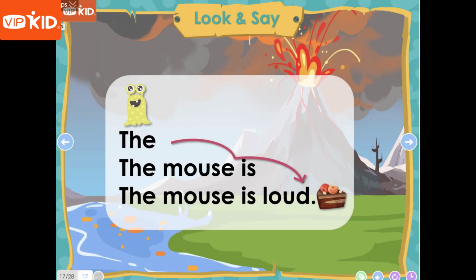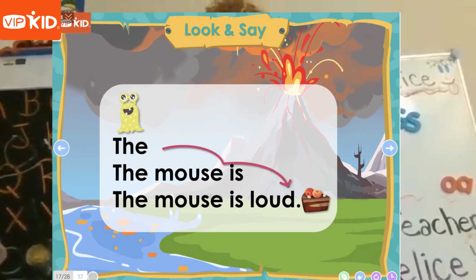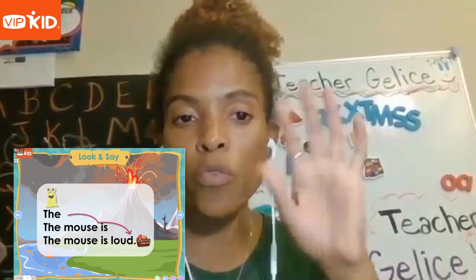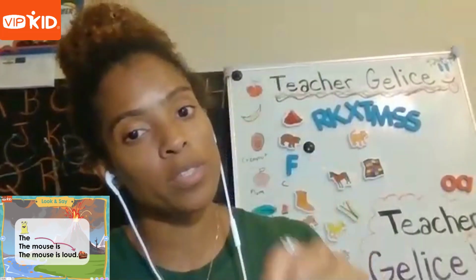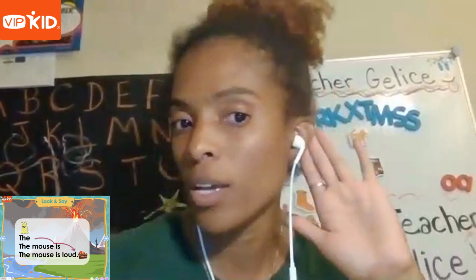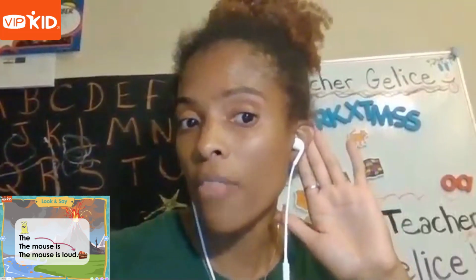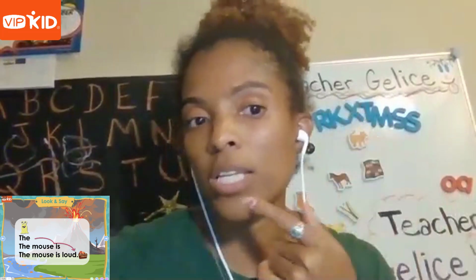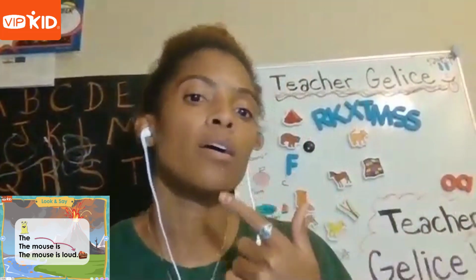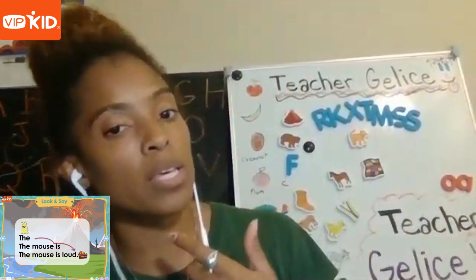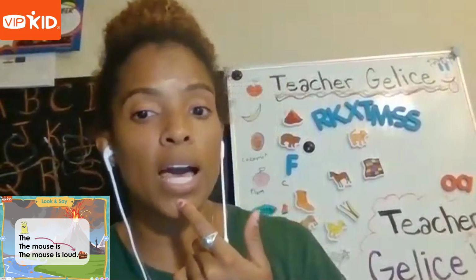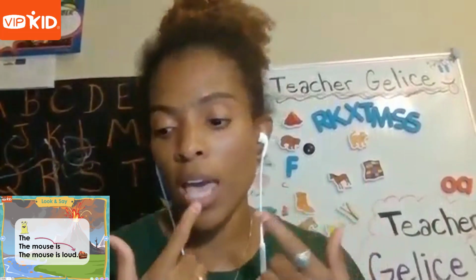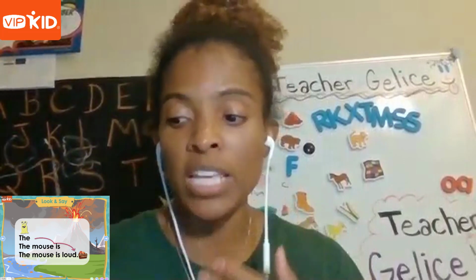We use the little monster. I'll tell them, can you move? And I'll move the monster first, and read the, and then I'll put the monster back to the top. Mouse is loud. And then so they'll do the, and then they'll do the mouse is loud. And then the monster actually gets to eat the cake.